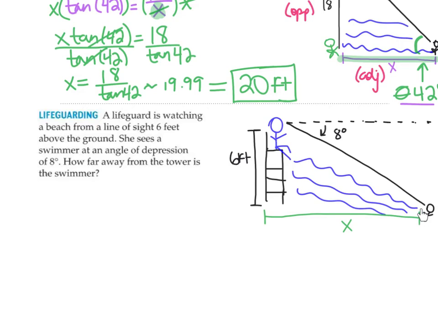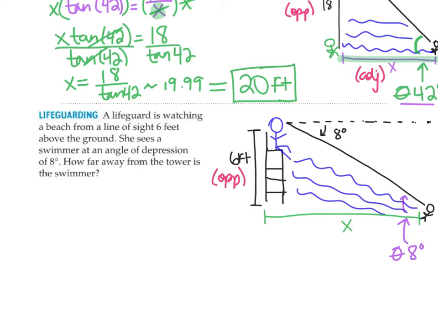So like in the last example, we have this right triangle that's created. We're going to say that our angle of depression is congruent to our angle of elevation. So here we're going to have an 8-degree angle. We need to look at the measurements given. So 6 feet is opposite our 8-degree angle.